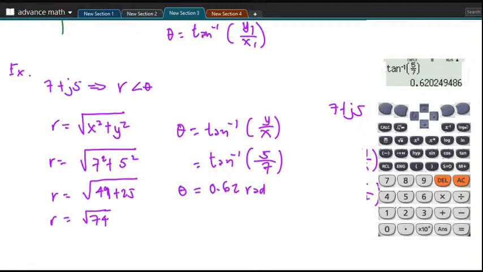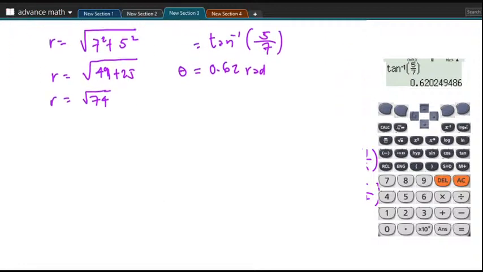Okay, so if for example we are going to convert a polar to rectangular form of a complex number, the given is r angle of theta.